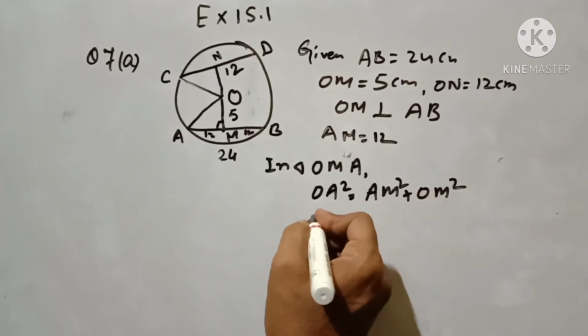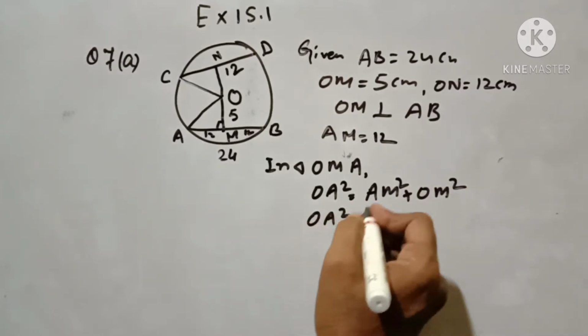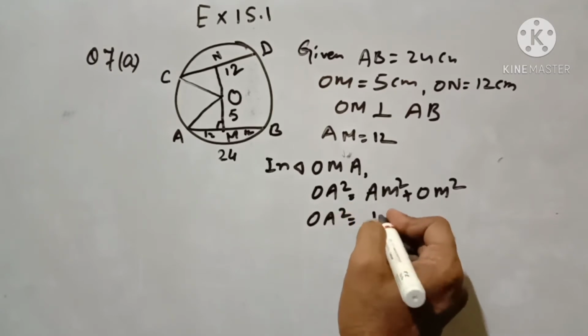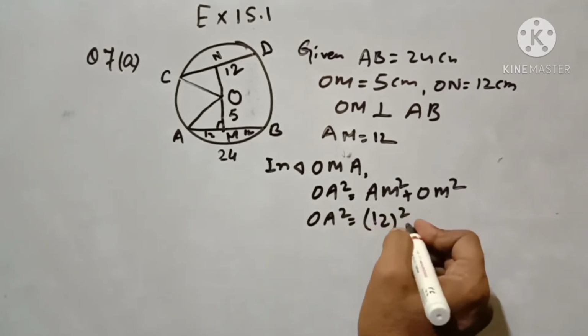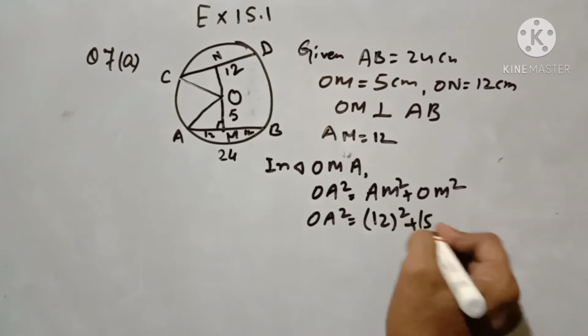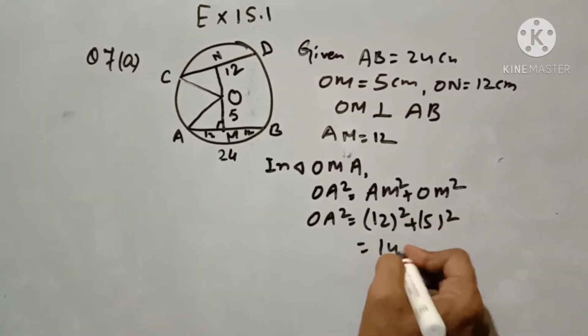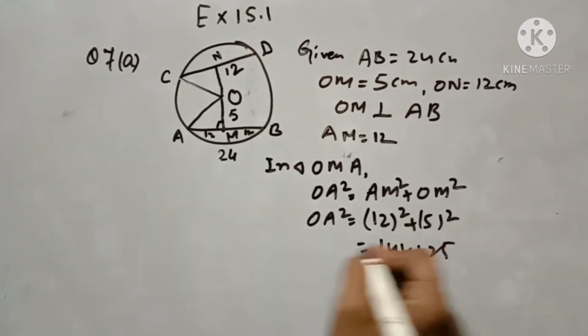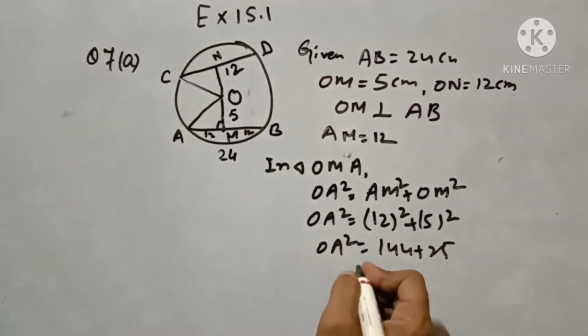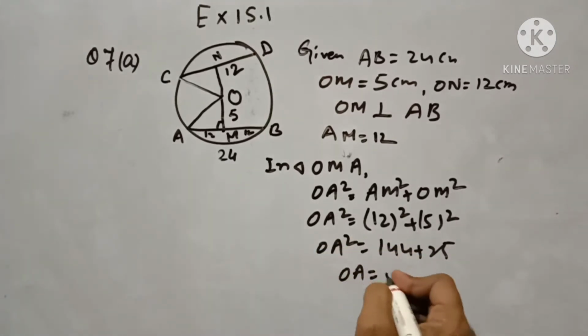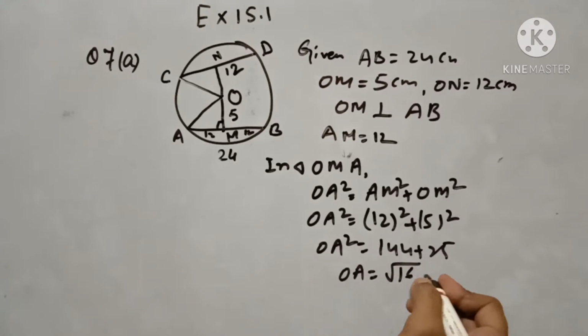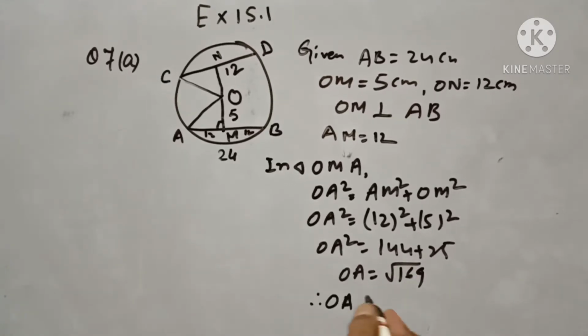Put the value of AM, 12 centimeter, and this is 5 centimeter. Therefore 144 plus 25 equal to OA square. Therefore OA equal to under root 169. Therefore OA equal to 13 centimeter.